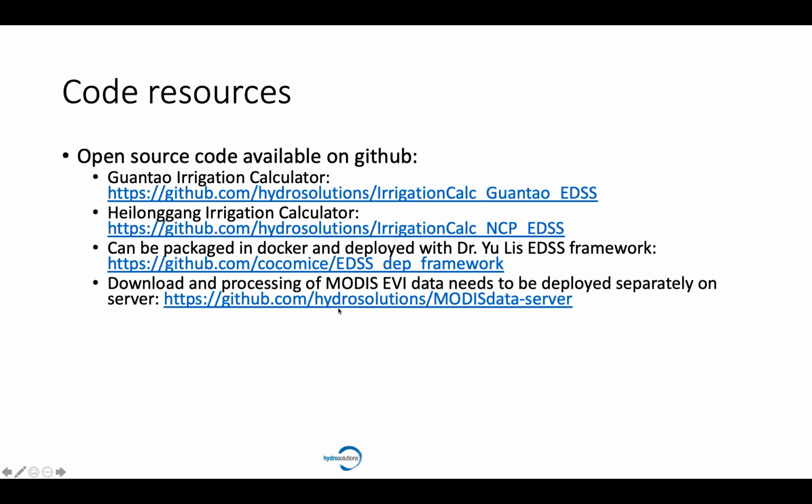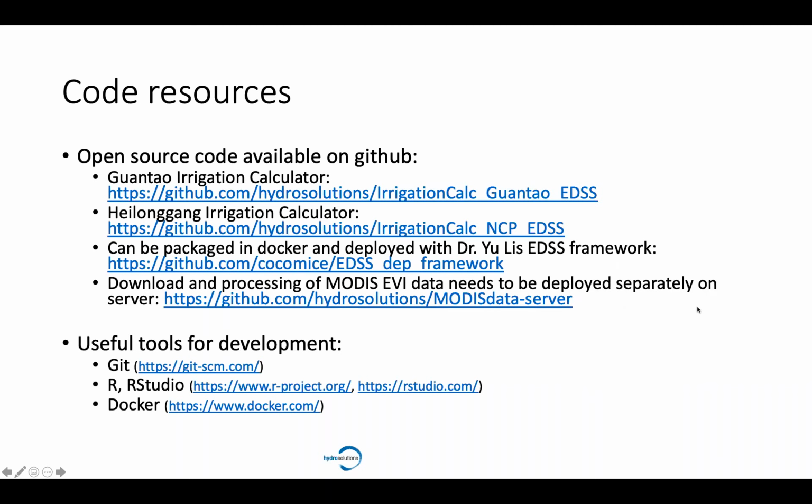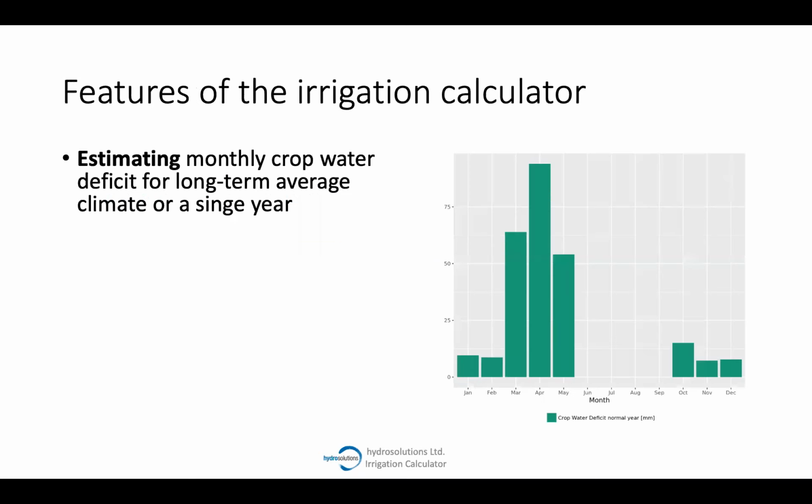For the EVI mapping, you'll need, in addition, the MODIS data server, which is also freely available. The tools we used for the development are Git, a version control software, R and R Studio, and Docker for the deployment.